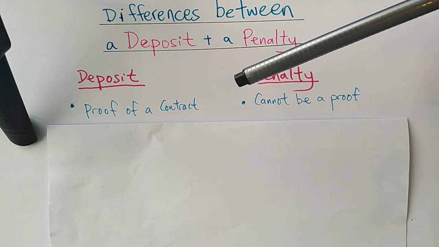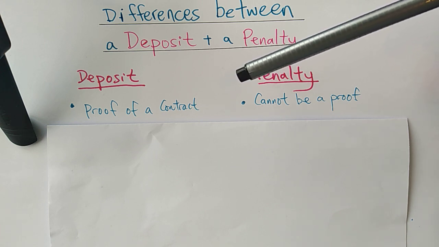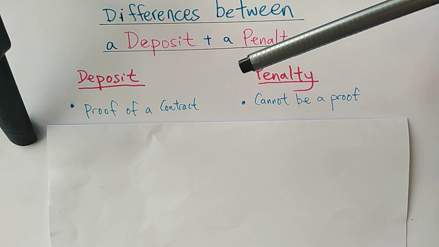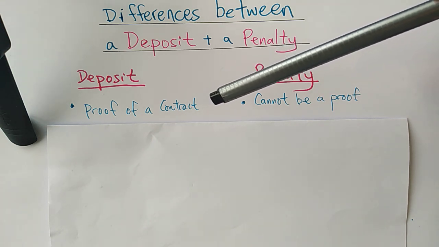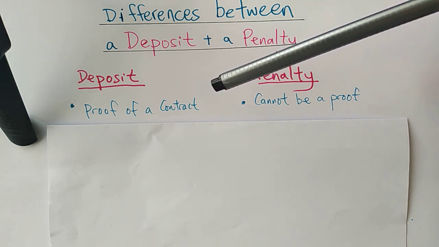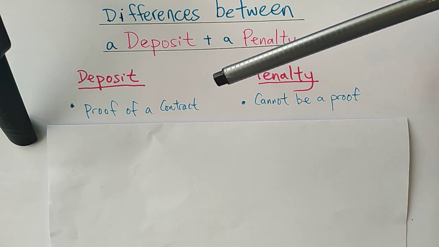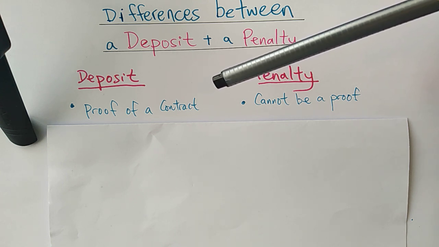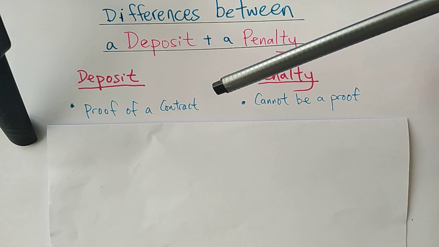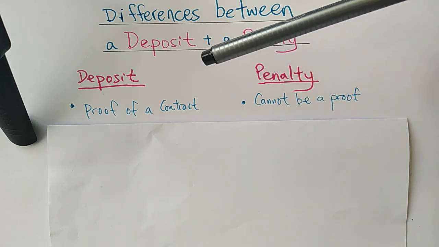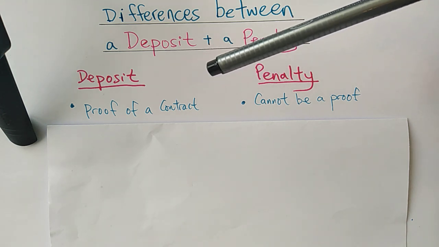It proves that there is an offer and acceptance and a contract has been formed, a contract has been born. Because nobody in their right mind would pay a deposit if there isn't a contract. So the deposit can be used as a proof, as an evidence to show that a contract has already been formed.